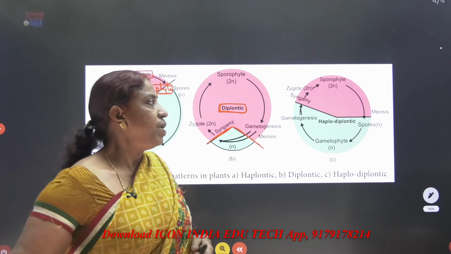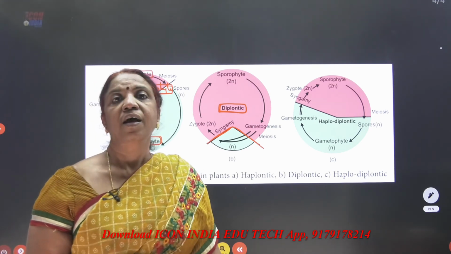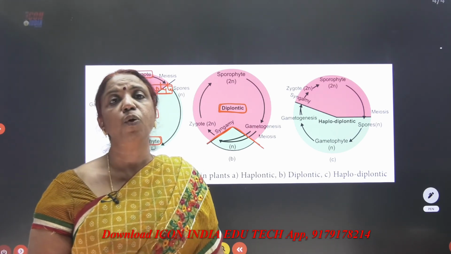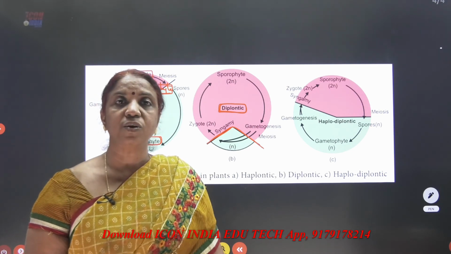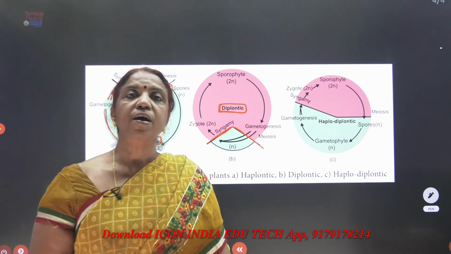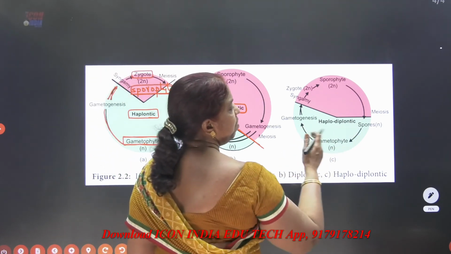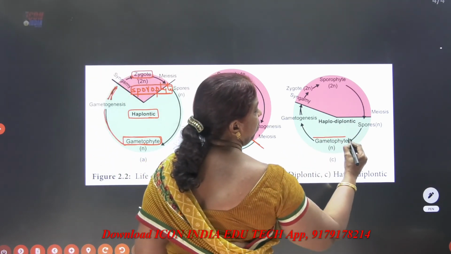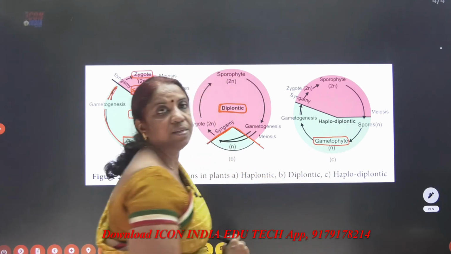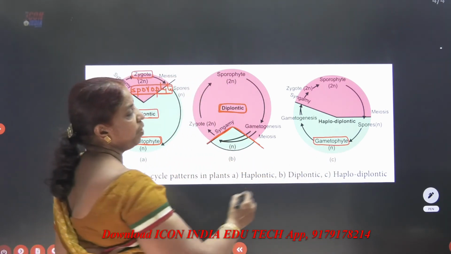And look at the next one, haplodiplontic. Haplodiplontic means the haploid gametophyte alternates with the diploid sporophyte. Look at this green color, completely the gametophyte, which is the dominant one.